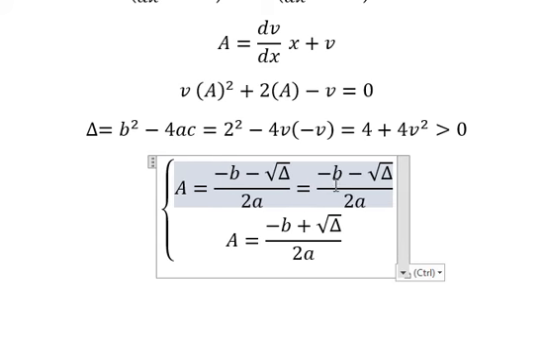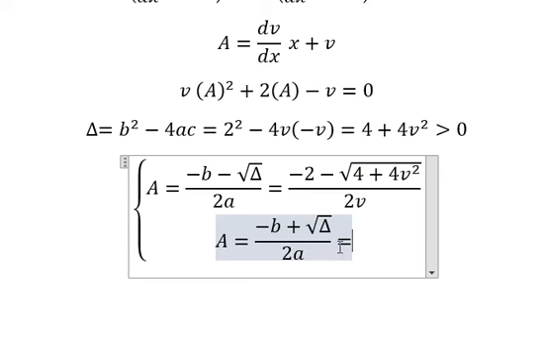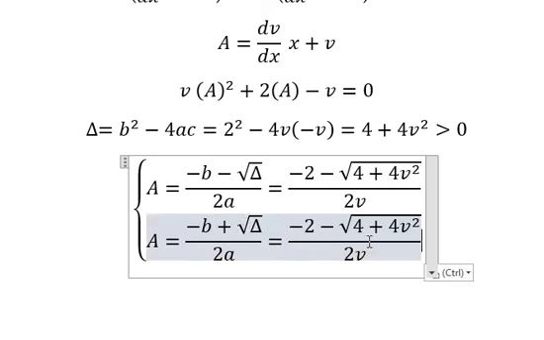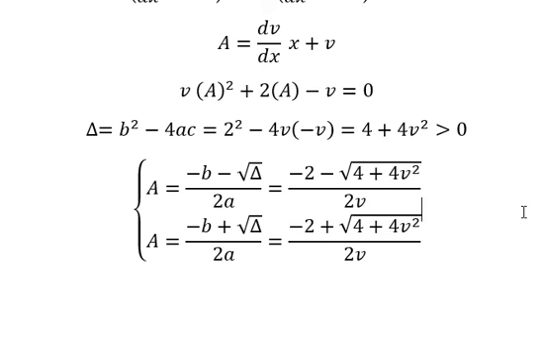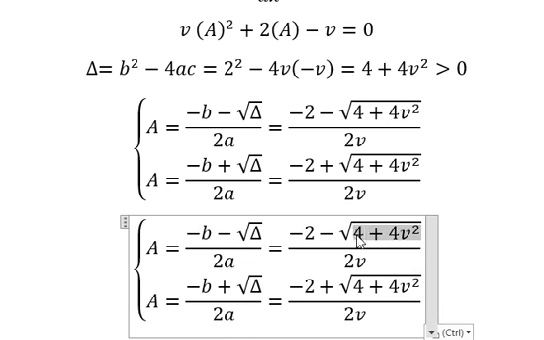B is number 2. Delta is this one. A is v. Similar for this one in here. So we have number 4. Number 4, we can do factorization.